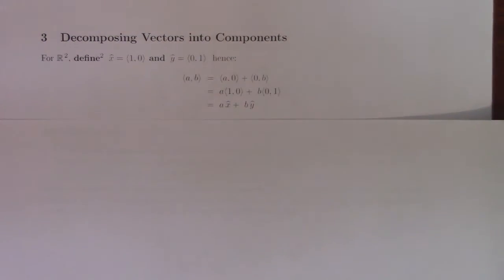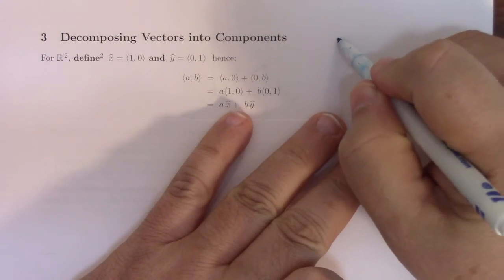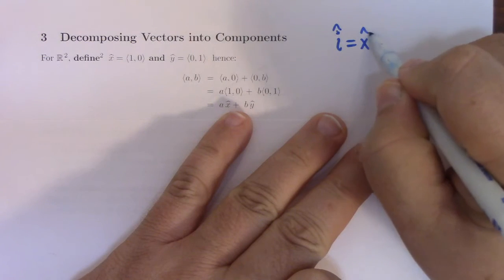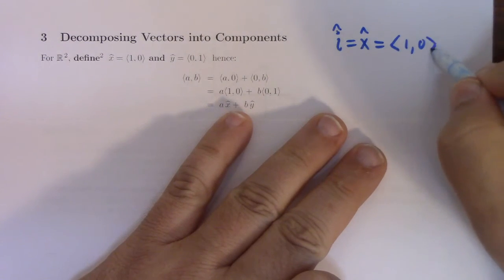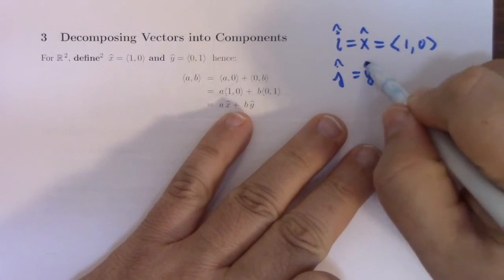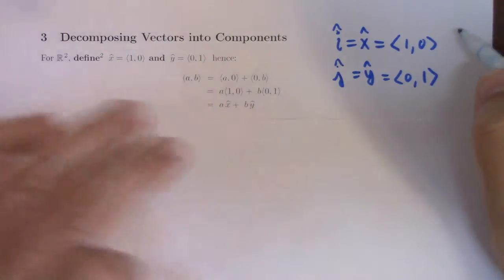Of course, I think in class I have more been using the standard i hat equals x hat. So in these notes I use x hat because, well, they're my notes. So I'm using my notation. Anyway, y hat is 0, 1. So this is i and j.